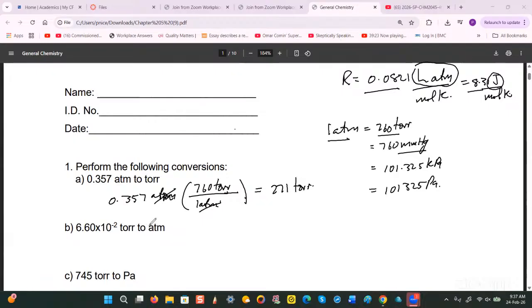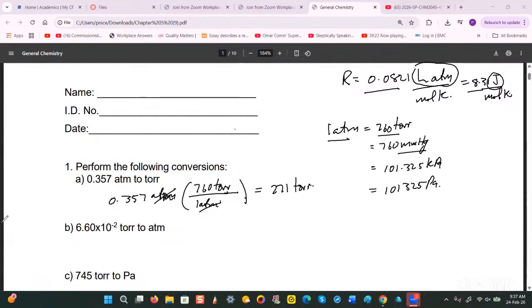That's pretty much what you're going to do for all of these, so I don't think I need to do them now unless you have difficulty. That's what number one is all about: converting from one unit of pressure to another.